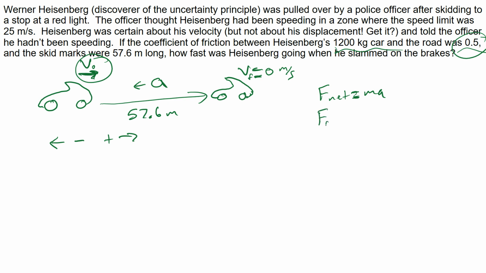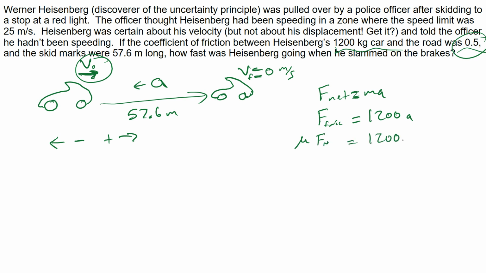So F friction is the only force here, and the mass of the car is 1200, and I don't know the acceleration yet, but if I can find the acceleration, then I can figure out using kinematics how fast the car was going initially. So let's try to figure out the acceleration here. F friction, that's mu times F normal.